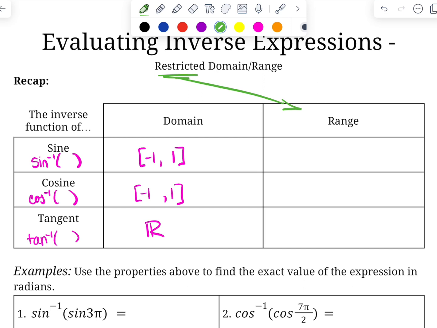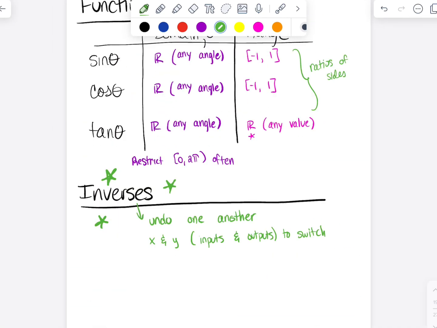Because remember that to be a function, every input only has one output. You put in an input, you only get one thing out, okay? So this is where the tables that we filled out earlier become a problem. So I'm going to reference some notes from earlier.